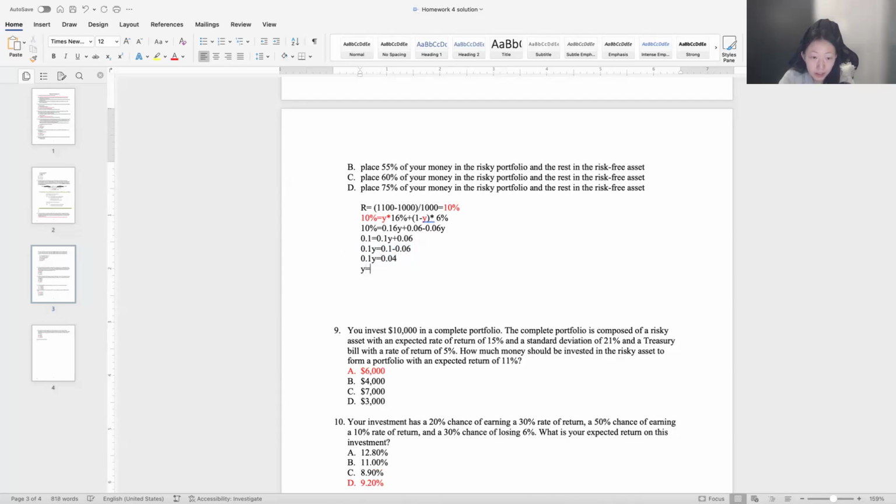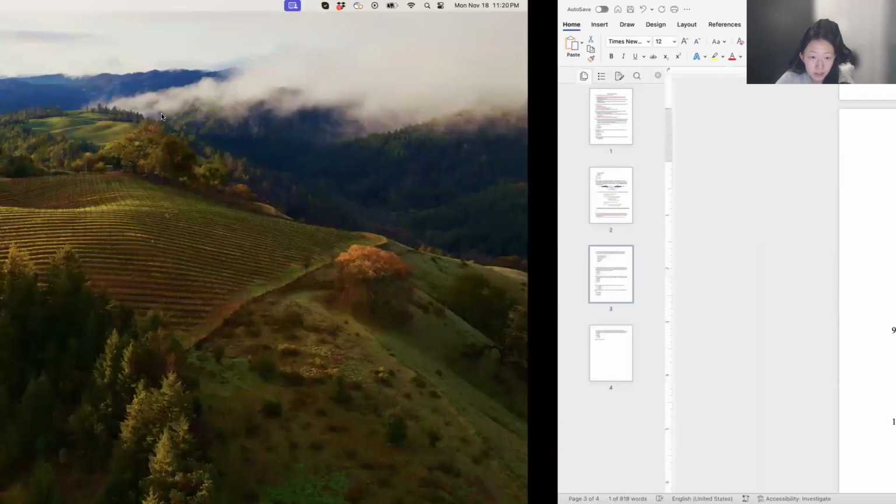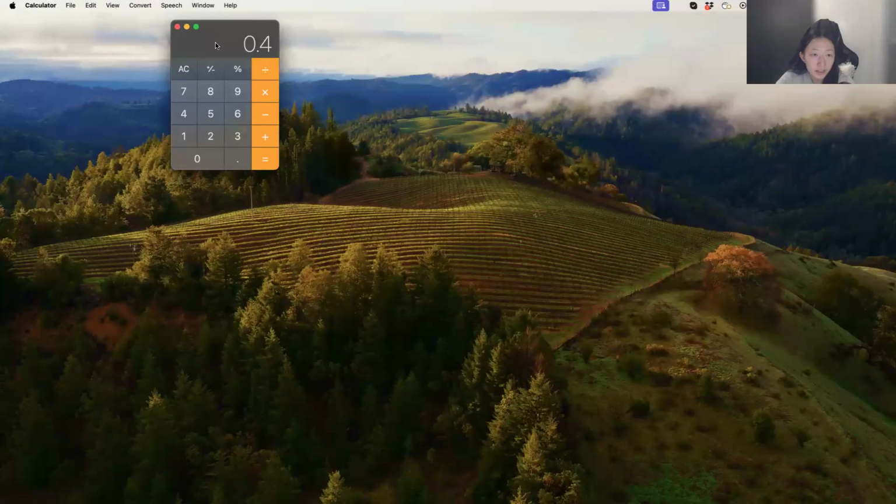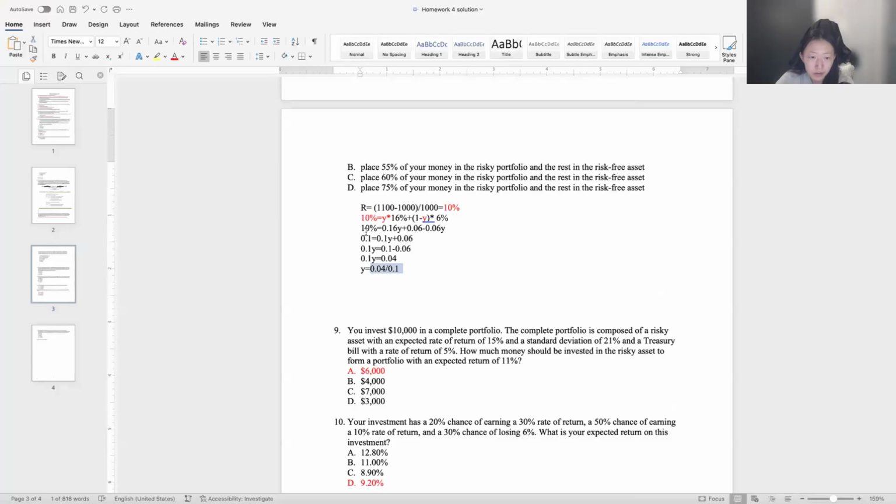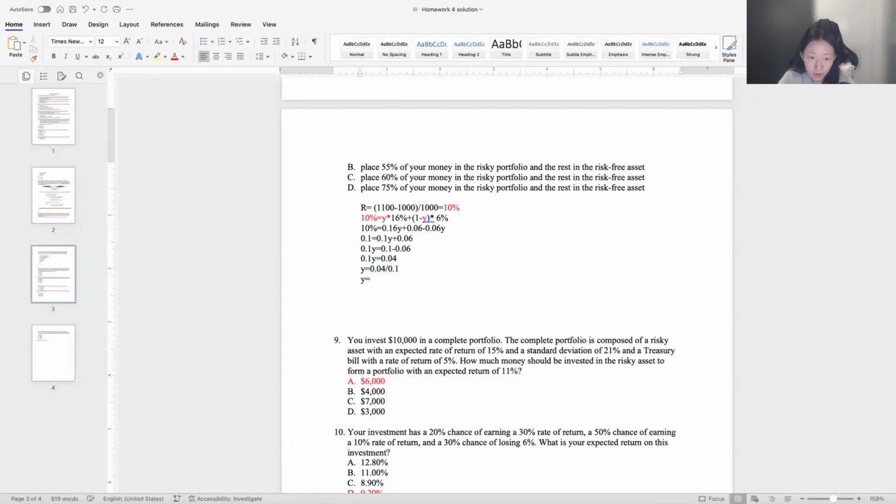And then finally, y equals 0.04 divided by 0.1. And the calculator tells us that equals 0.4. So y equals 40%.